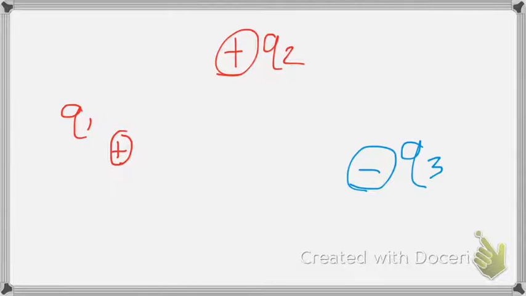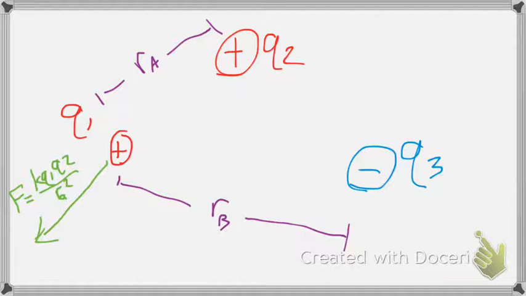We'll say Q1 and Q2 are positively charged. They're forming sort of a triangle, Q1 off to the left, Q2 up above, and Q3 on the right. And I want to find the net charge on Q1. Well, first I'll find the force that it's feeling. Sorry, not the net charge, the net force. I want to find the net force on Q1. Well, first I'll find the force that it's feeling due to Q2 only.